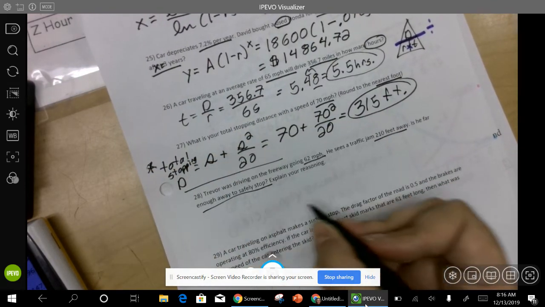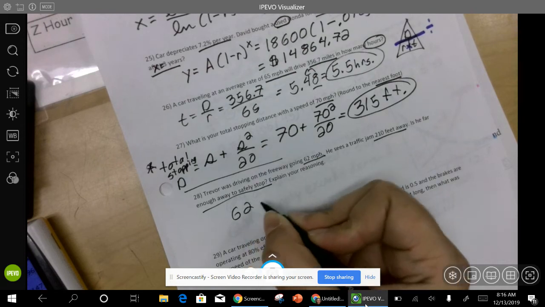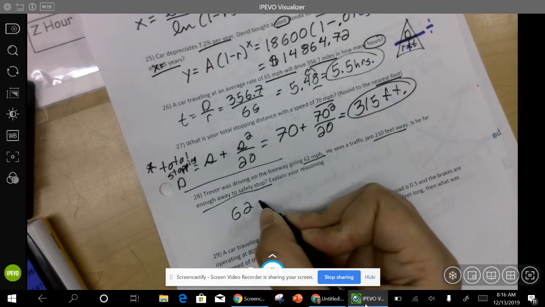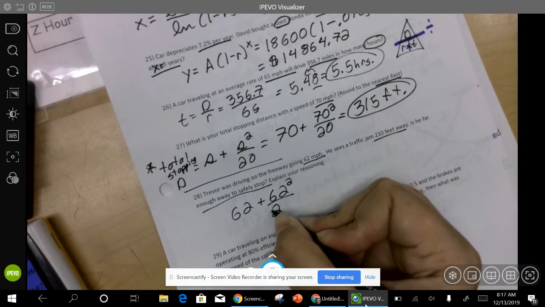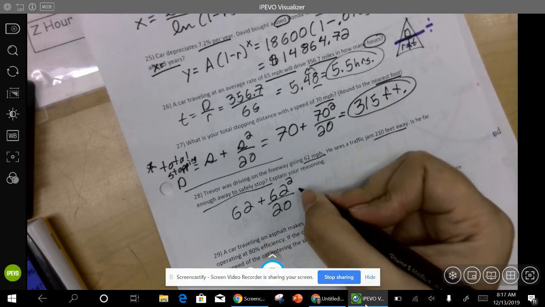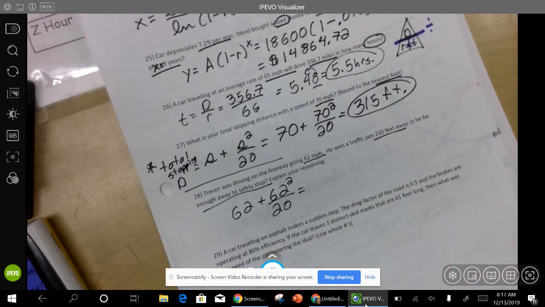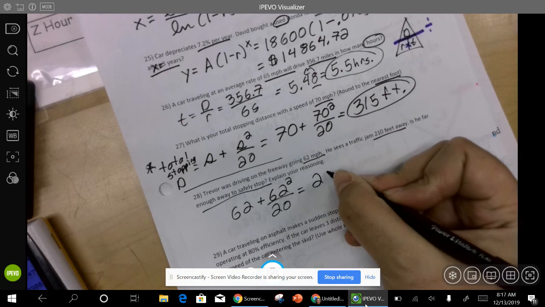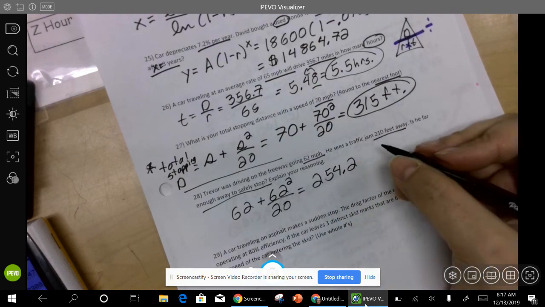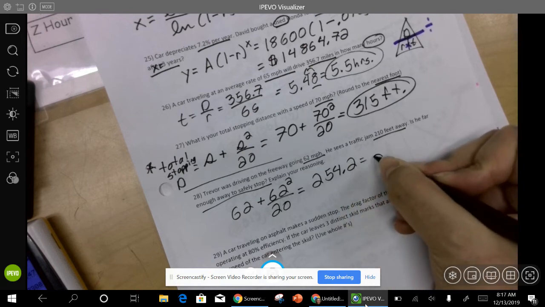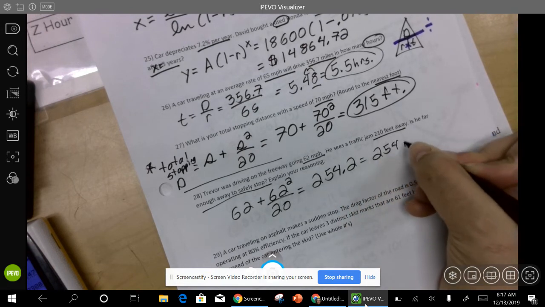Okay, so we're going to go 62 plus 62 squared divided by 20. I got 254.2. Okay, so which would round to 254 feet.